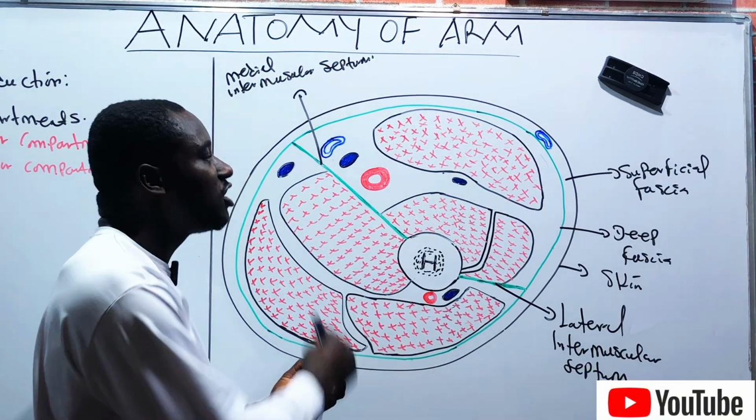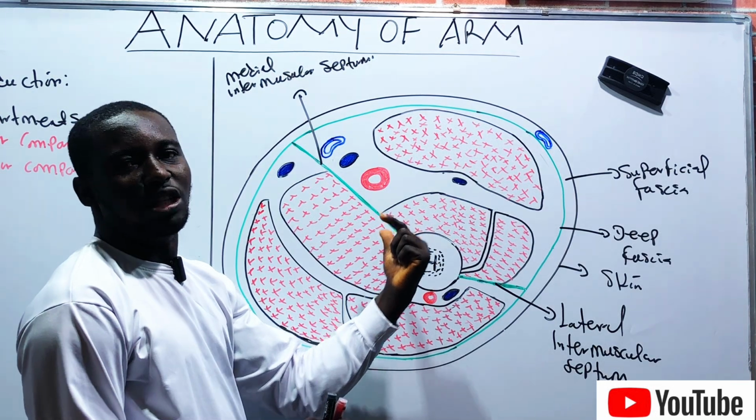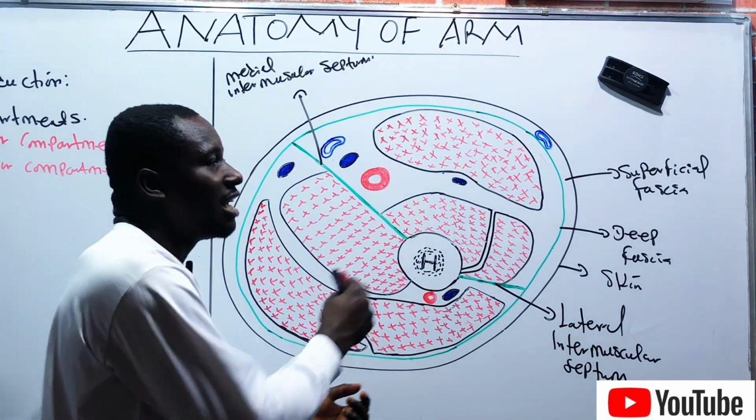This tells you that these structures either enter the anterior compartment or the posterior compartment with respect to the compartment they are located. So this is how it goes.